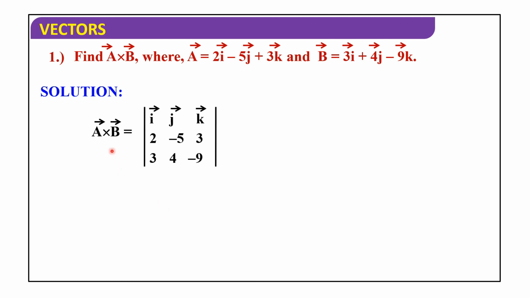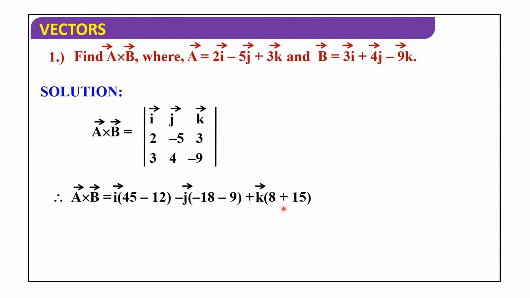a bar cross b bar is equal to the determinant of i cap, j cap, k cap, and its components 2, minus 5, 3, 3, 4, minus 9. Therefore, a bar cross b bar is equal to i cap of (9 5s are 45 minus 12) and minus j cap of (18 minus 9, that is minus 9 into 2, 9 2s are 18, 3 3s are 9, so 18 minus 9) plus k cap of (4 2s are 8 minus 5 into 3, minus 15, minus minus plus 15).